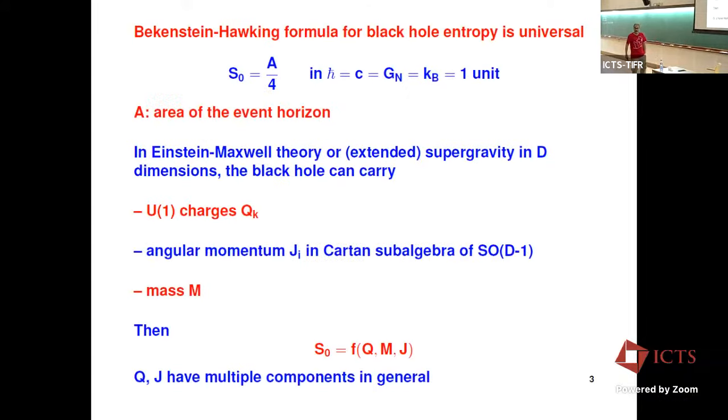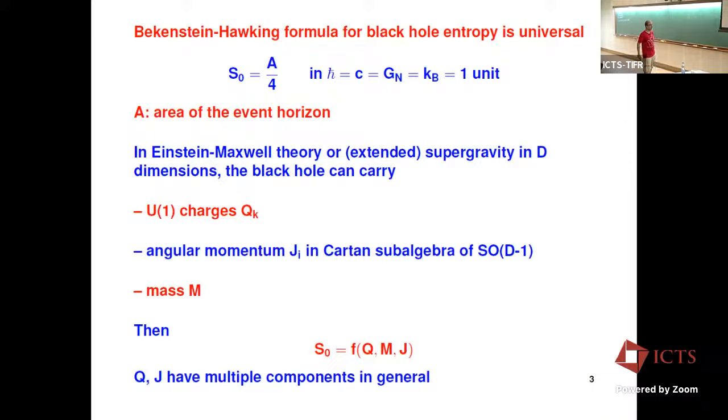Okay, so let me begin with some brief history of the subject. Now, this formula you have seen many times by now, the Bekenstein-Hawking formula, and I'll be using natural units where I set h bar, c, G Newton, and the Boltzmann constant to 1. When you apply it to a specific theory, like Einstein-Maxwell theory or extended supergravity in d dimensions, the black hole can carry U(1) charges, which I'll denote by q_k.